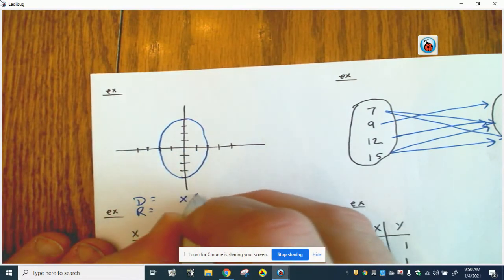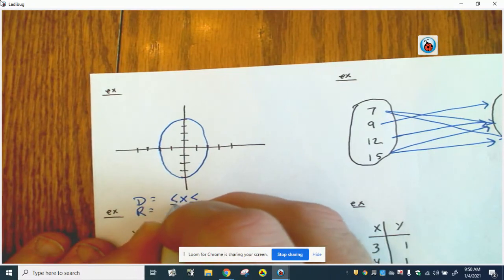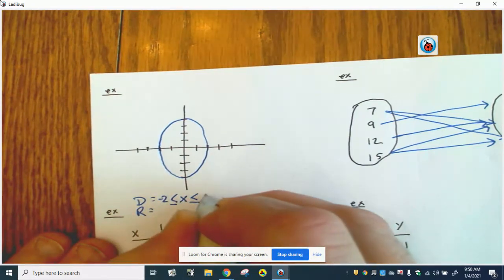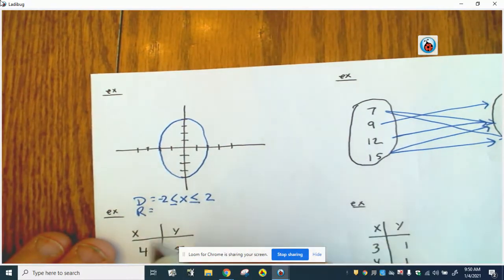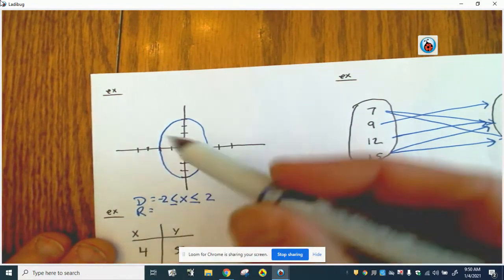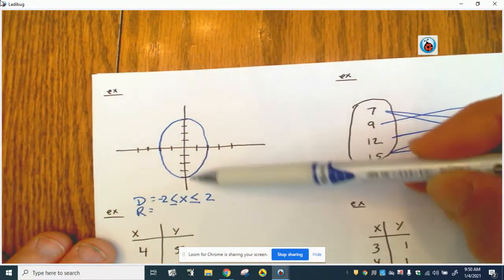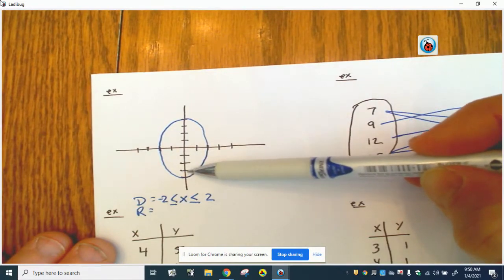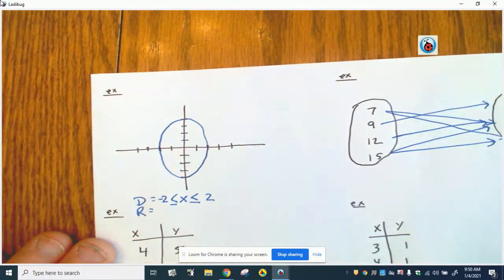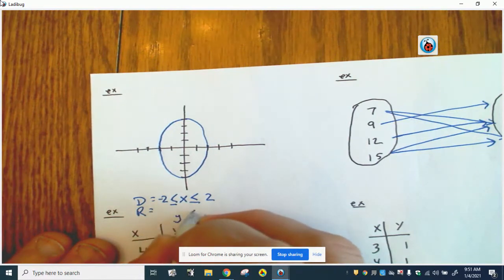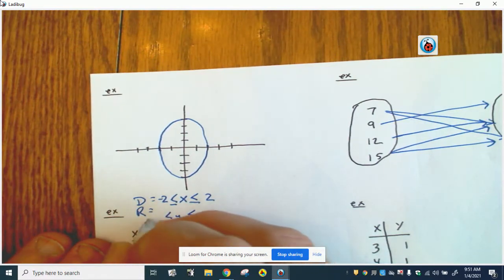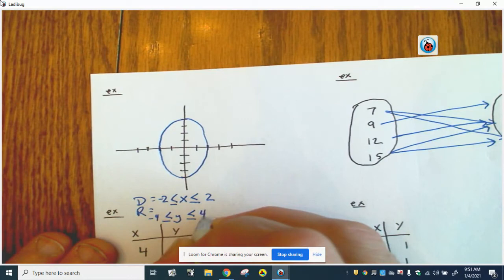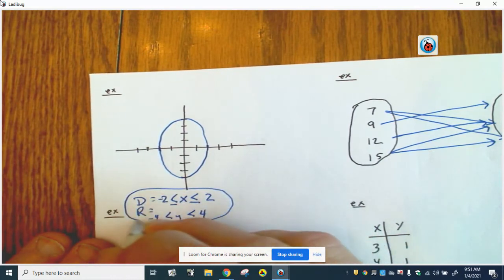So it's all the x's between -2 and +2. The range, if you look at the y-axis, where does this graph start? It starts at -4, ends at +4. So it's all the y's between -4 and +4. Okay?